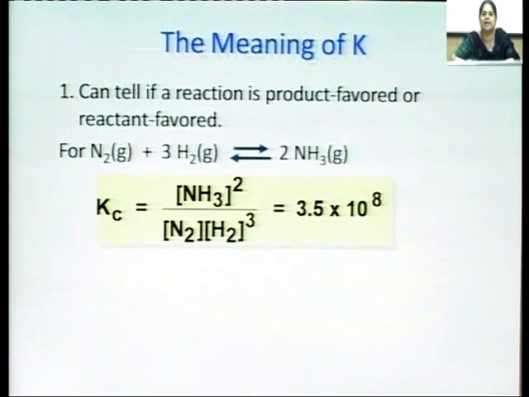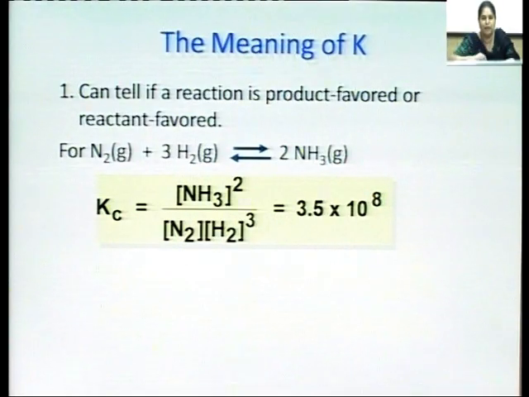In this case, the expression for the equilibrium constant can be written as the concentration of ammonia raised to the power 2 divided by the concentration of nitrogen into the concentration of hydrogen raised to the power 3, and its value for a particular concentration is given as 3.5 into 10 raised to the power 8.